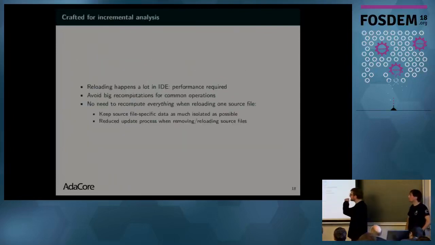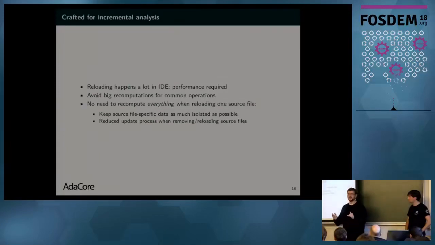So, interesting point about Langkit generated libraries is that they are crafted for incremental analysis. The reason we express, for example, the properties in a functional language, and the reason everything is declarative, is so that we have freedom in the implementation to do something that takes this semantic and generate an incremental analyzer for it.